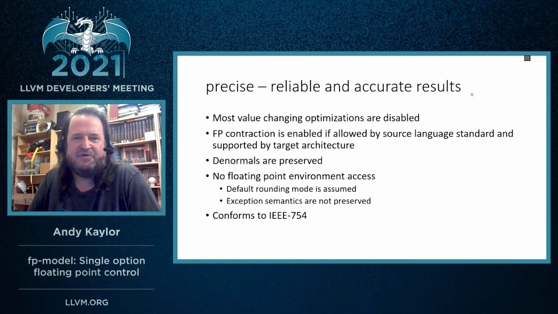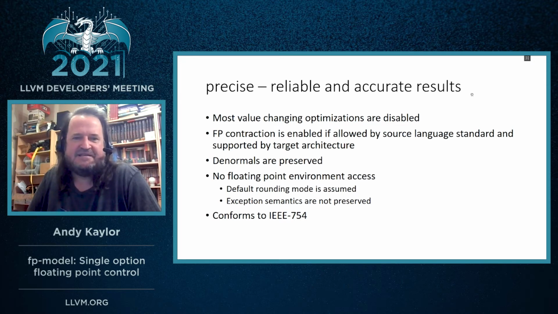The one thing that's somewhat value changing in some circumstances is that floating point contraction is enabled in circumstances where it's allowed by the source language standard and supported by the target architecture. So for instance, the C language standard allows floating point operations to be contracted if they occur within the same expression in the source code. So the precise model also allows that.